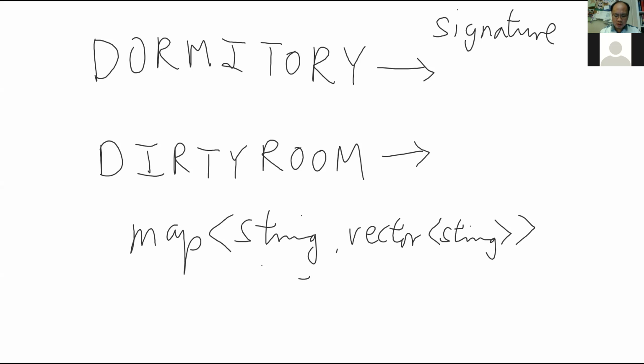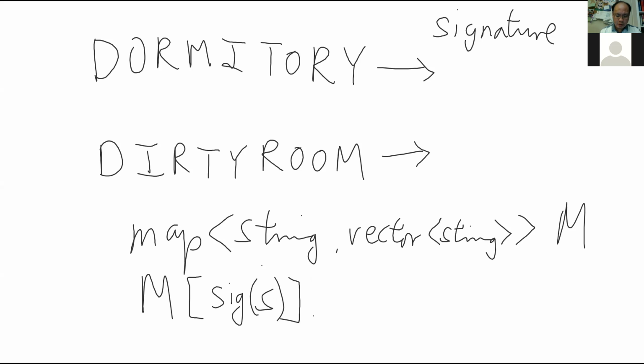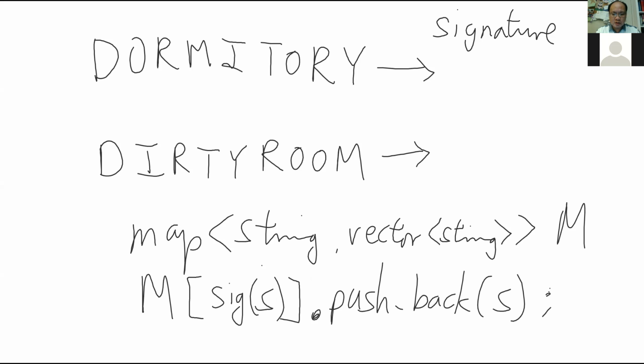So for example, if this is M, we can write M bracket, some function that computes the signature of S, and you just push back S. And for every string that you see in your dictionary, you just do this.